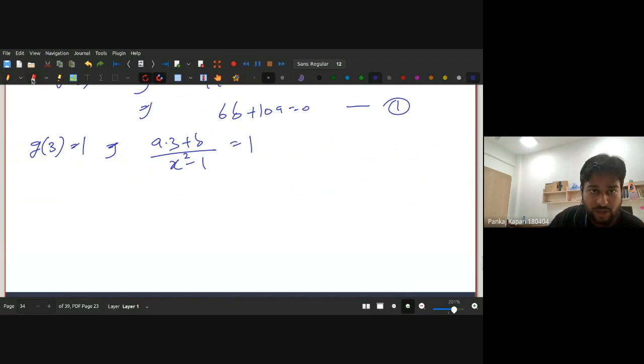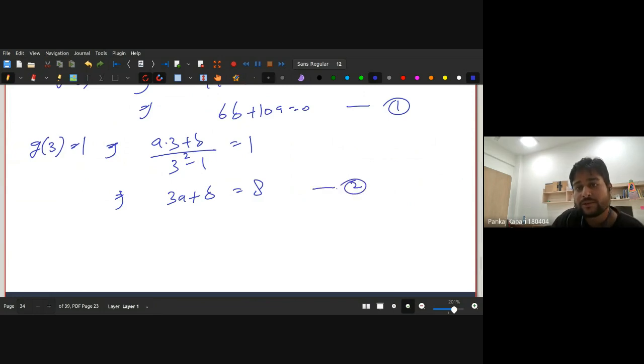Okay, and we are putting x equal to 3, so here also x equal to 3, so 3 square. Now this relation gives us 3a plus b is equal to 8, right? This is our second equation.